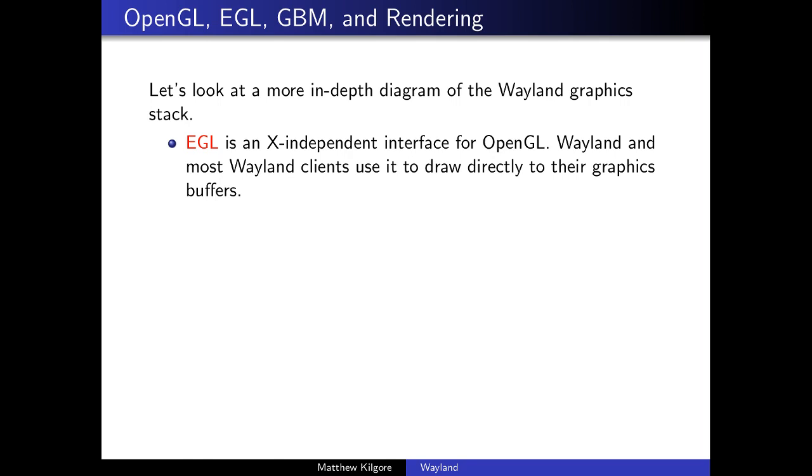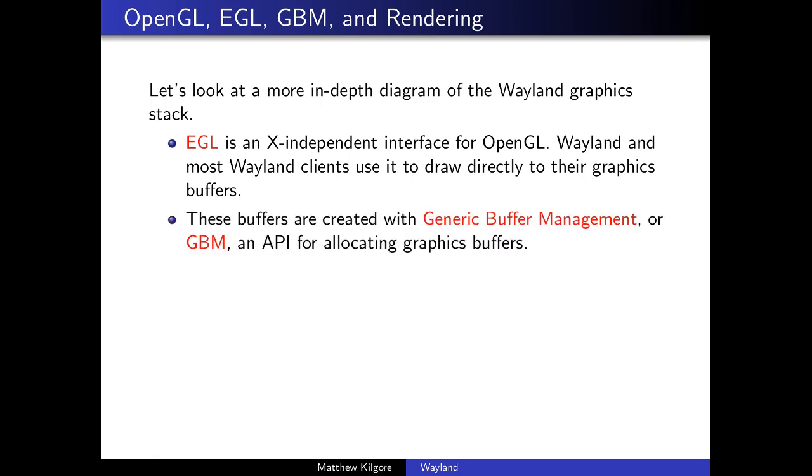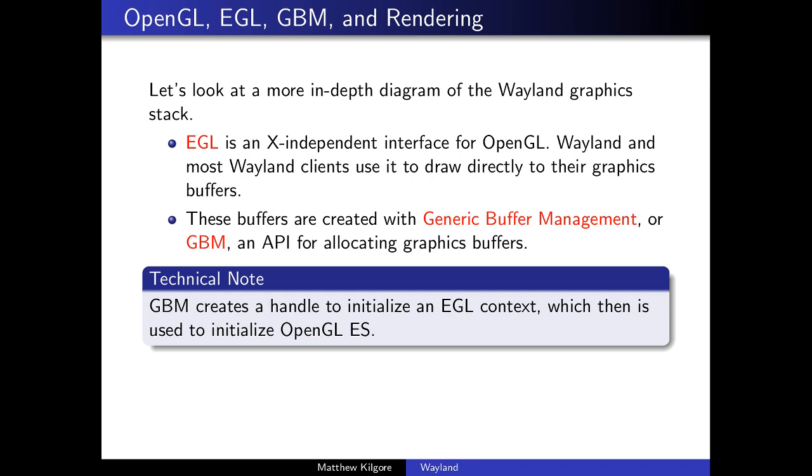Wayland and most of the Wayland clients, as they've been implemented, use it to draw directly to their shared graphics buffers. And these buffers, in turn, are created with something called Generic Buffer Management, or GBM, which is an API for allocating graphics buffers. Now, to be technically correct, GBM creates a handle to initialize an EGL context, which then is used to initialize OpenGL ES.